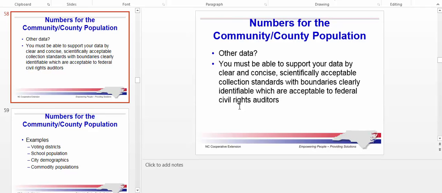So, that being said, if you have after-school programs in a school district or a certain number of schools, and they can identify the racial and gender makeup of the students within that school, then you could use that as your community makeup.